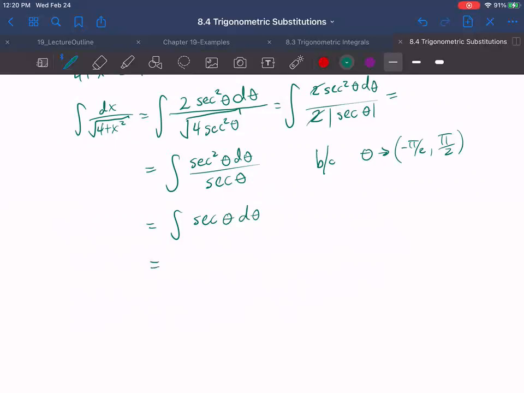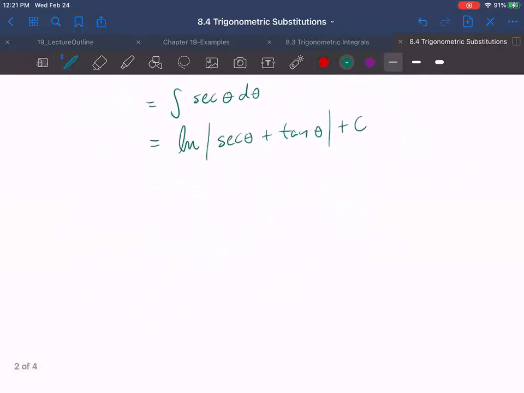And what is the integral of secant? Okay, but now we have theta in there. We need to get back to our original x, correct? Now, we can come down here. Let me change color.